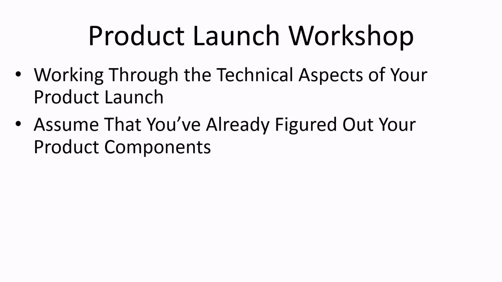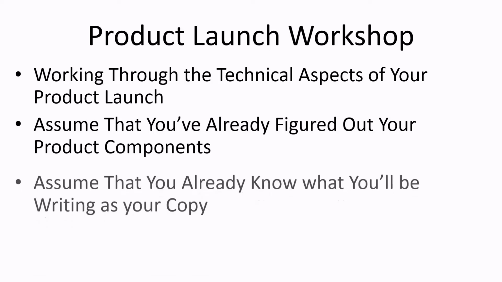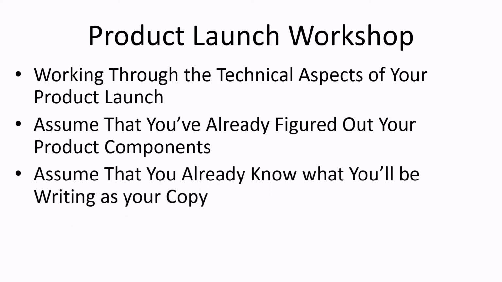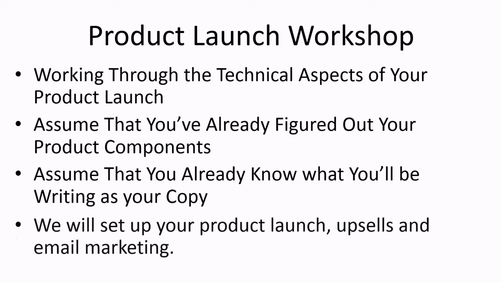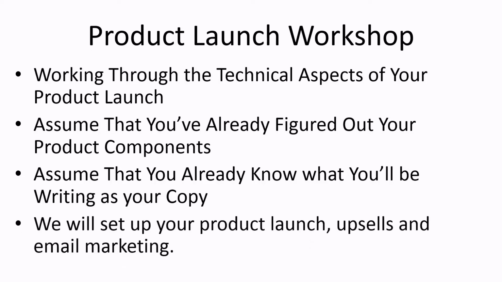So if you know you're going to be delivering a PDF or a series of PDFs or videos or a members area, we're going to assume that you already know that and that you're ready to deliver that content. Number 3, we're going to assume that you already know what you'll be writing as your copy. And finally, we will set up your product launch, upsells, and email marketing in this series. So we're going to take all 4 sessions in order to do that.